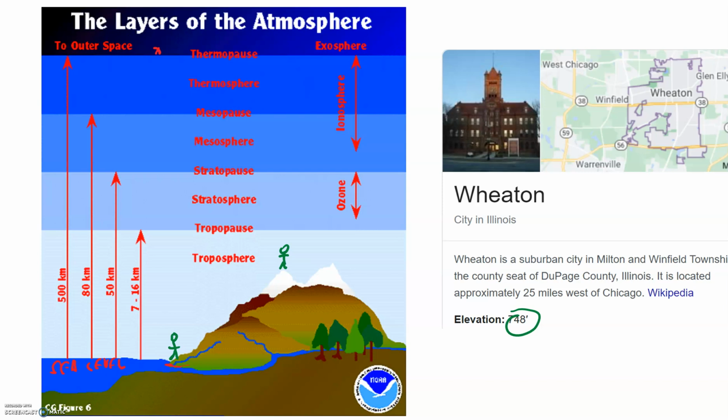So how does this translate to air pressure? All this weight of all this air pushing down on you at sea level, slightly less at the top of a mountain, more at Wheaton, but slightly less than it would be at sea level. How does this work? What we're going to take a look at is how we measure air pressure.